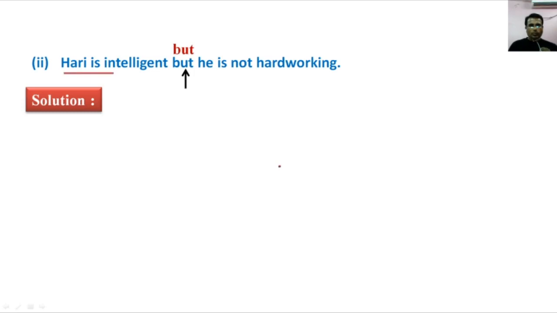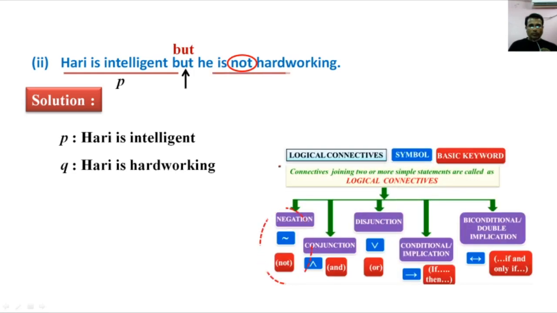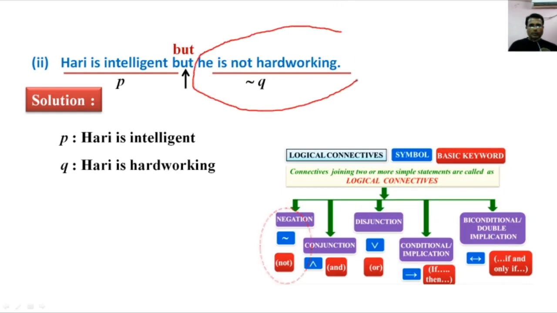For this, the two simple statements are P: Hari is intelligent, Q: Hari is hardworking. But here we will observe that not is coming, and when not comes it is always considered to be negation, and therefore Hari is not hardworking is represented by negation Q.